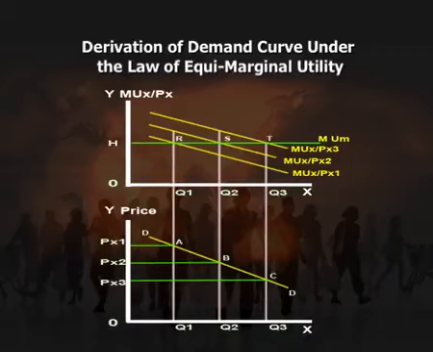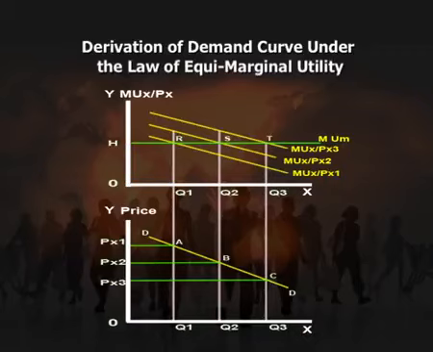With a given level of income, the budget of the consumer is fixed and his marginal utility of money is equal to OH. The consumer buys OQ1 quantity of good X when the price is PX1 because at this price the MU of money OH is equal to MUX divided by PX1, and a point R on their intersection measures the MU of money expenditure for OQ1 quantity of X.